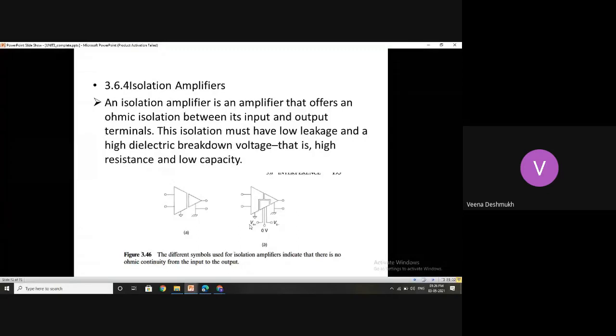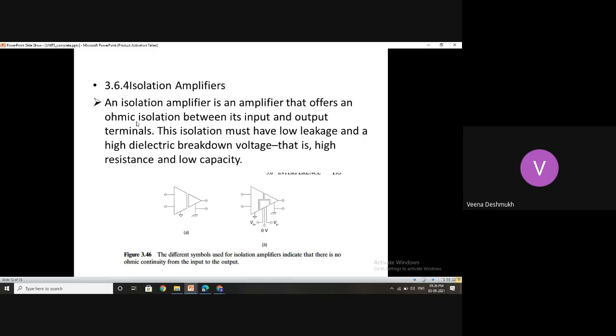So an isolation amplifier is an amplifier that offers an ohmic isolation between its input and output terminals. So what is this ohmic isolation? Ohmic isolation is basically that the power dissipation or the voltage drop is not happening in the device.